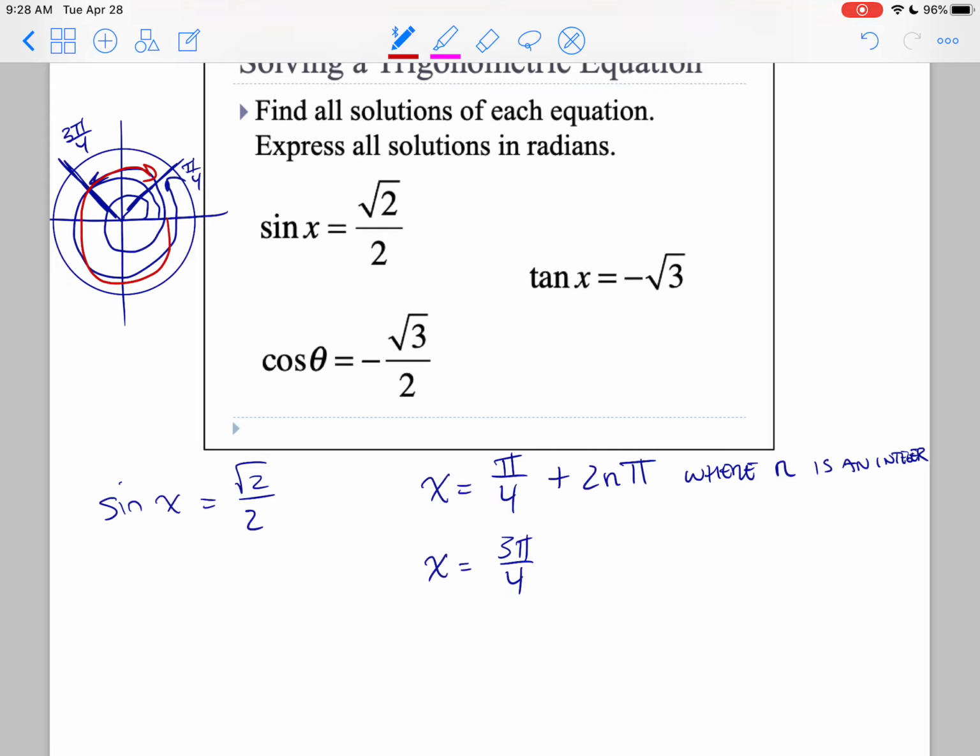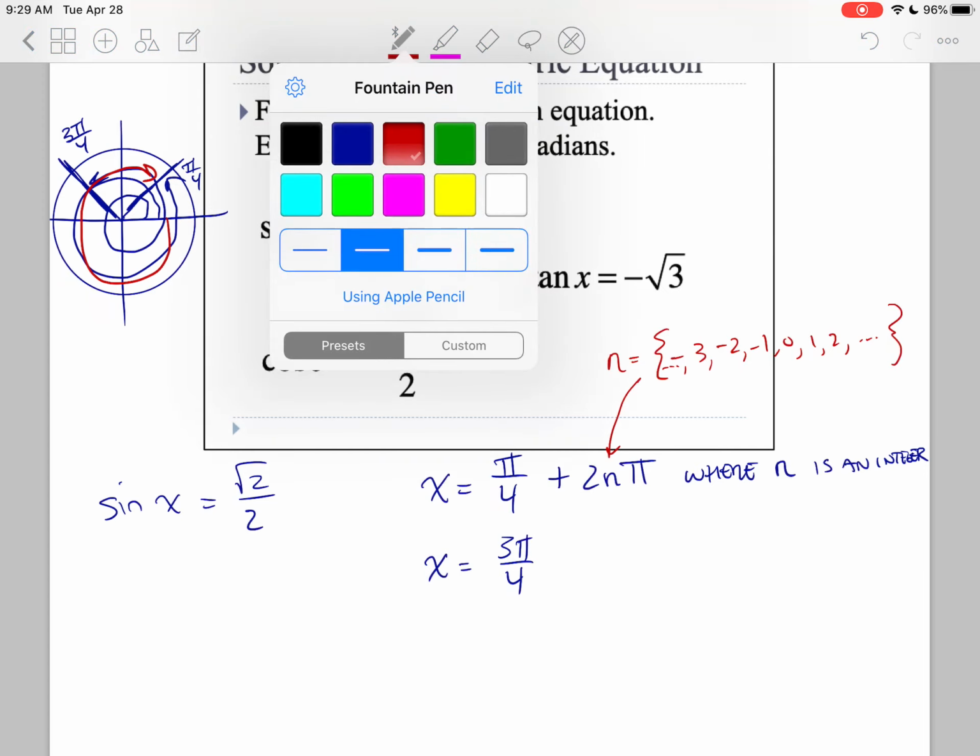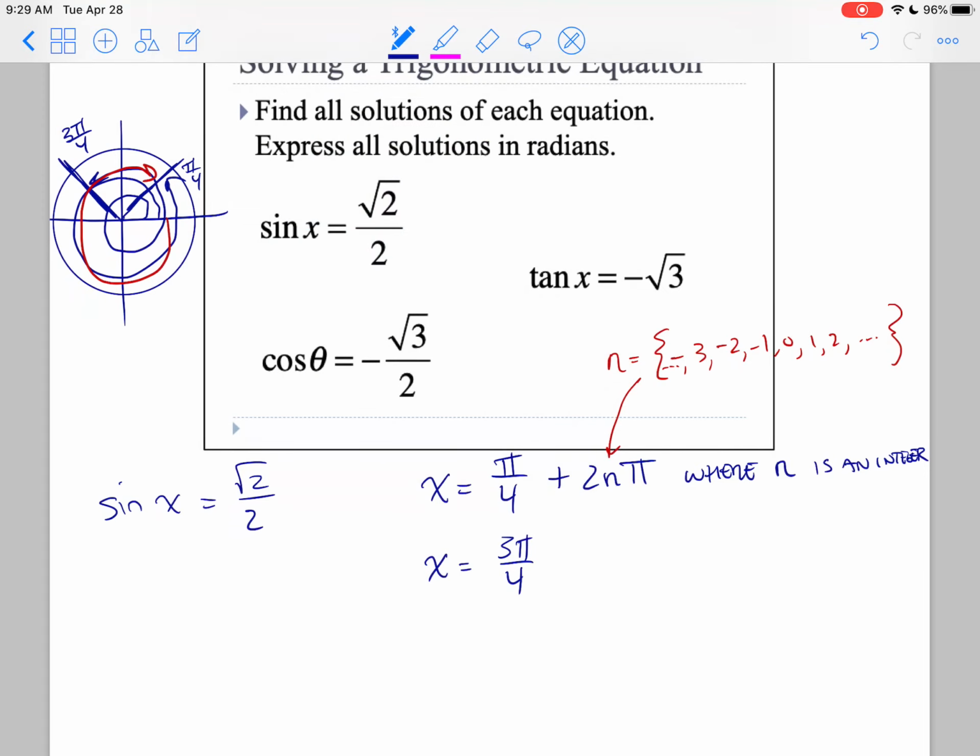So n is going to be some sort of integer: negative 3, negative 2, negative 1, 0, 1, 2, and so on and so forth. These are the numbers that I could plug into here. And that covers every solution for this angle here, this one, in the first quadrant.